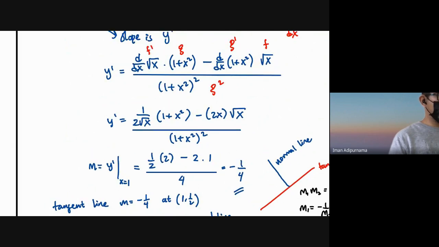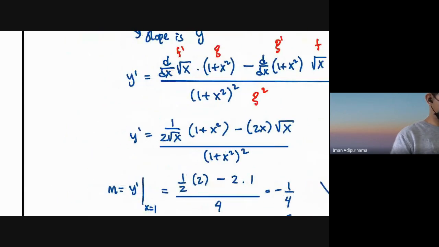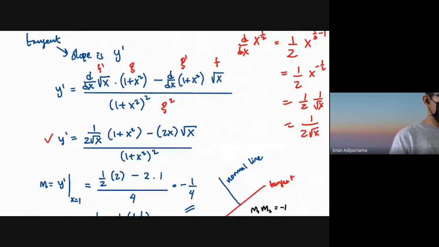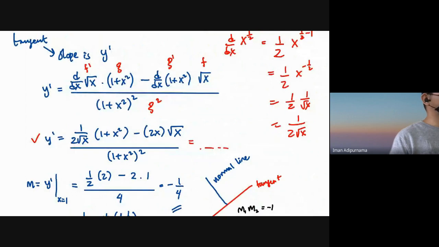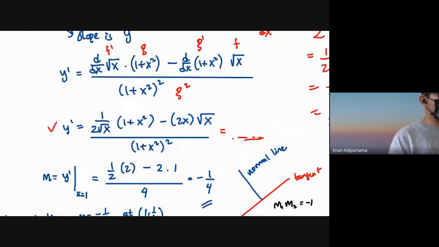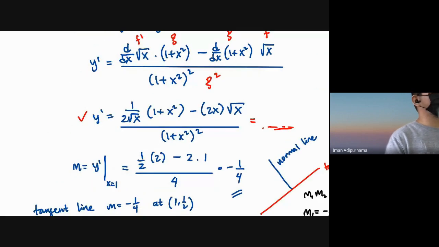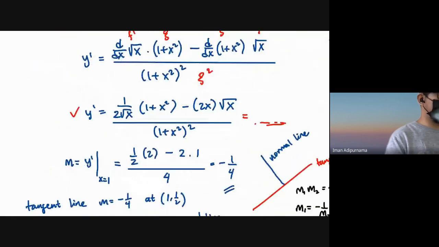So you get into here, and then you try to simplify this and make it maybe more simple. But if you are limited by time, I don't think that's really necessary. If you are thinking that maybe you can just plug in, you can evaluate just the point and then you can get the answer. And I think that will be faster.